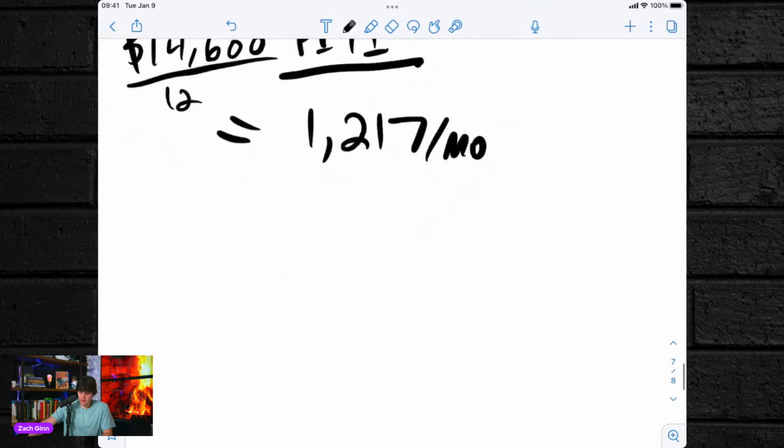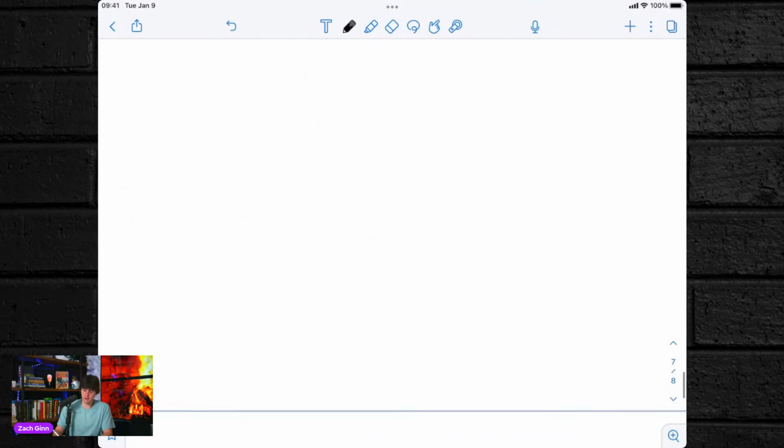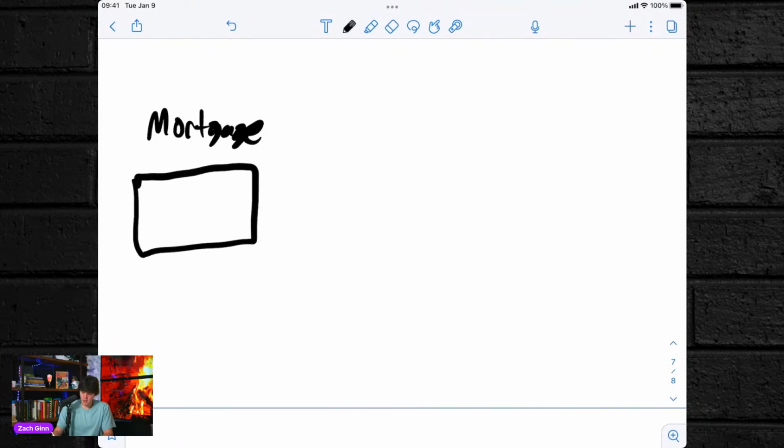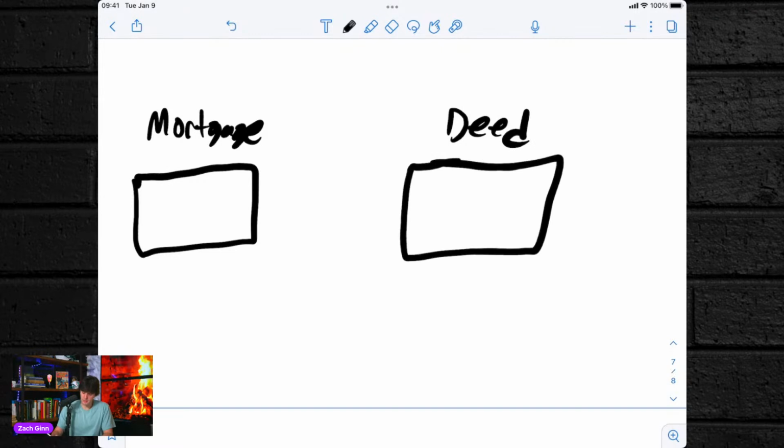Basically what we're doing, and I'm going to go on a tangent real quick, but let's say someone has their mortgage, right? And they have negative equity, all right? So this is going to be the mortgage and there's something called the deed, all right? Pretty simple. But it's kind of a layer, right?